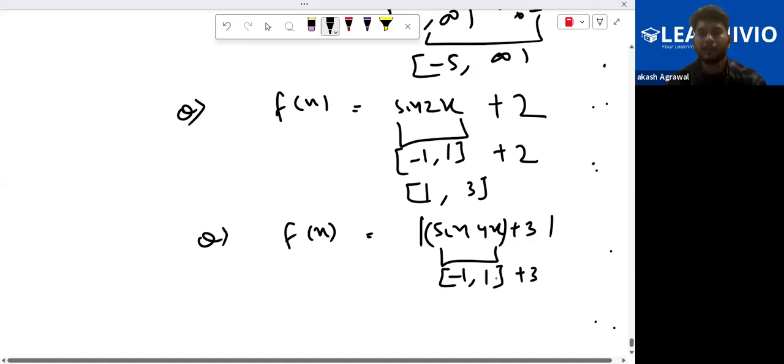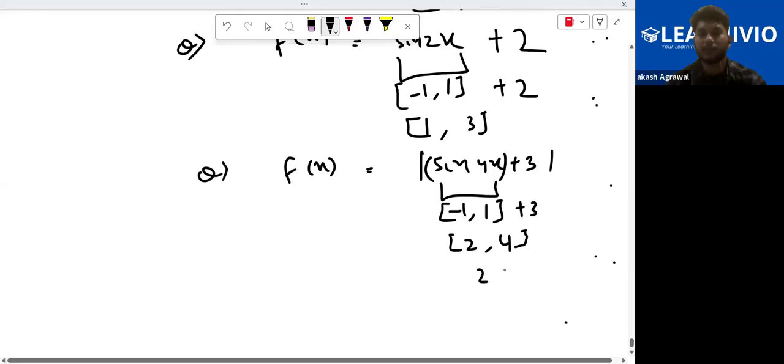If you add 3, it will be from 2 to 4. And if you make it positive, it still is 2 to 4. Okay, this will be the answer. All right, everyone.